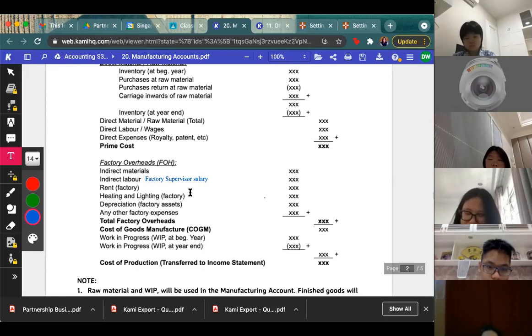No. All my 10 workers are still there and work on the production. So the factory supervisor salary is considered indirect, because it doesn't matter if I'm there or not, the production is still happening.